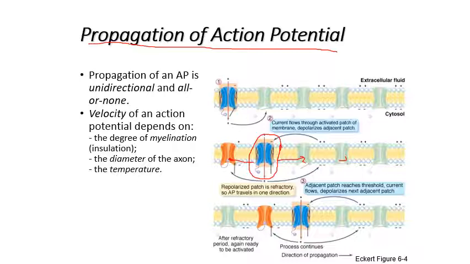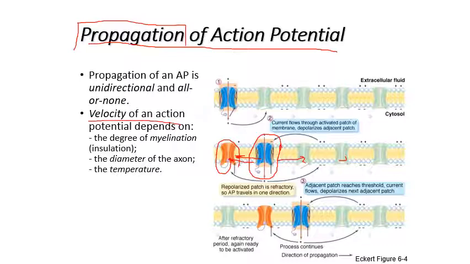But in the axon, we have all these channels, and so the word propagation means the preceding channel causes the next channels to open. The opening of those channels causes the next. So we just propagate down the line. And then the absolute refractory period, the inactivation gate, is going to keep it from going in a reverse direction.